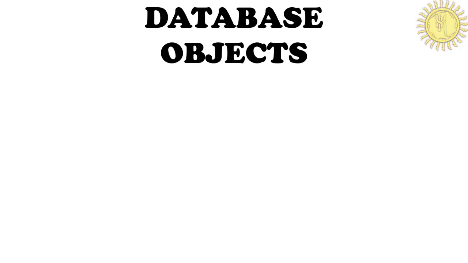Next is queries. Queries means the questions asked of anybody. A query is a question asked of the database. For example, in a library database, you can generate a query to find out whether a particular book is available or not. Next is reports.